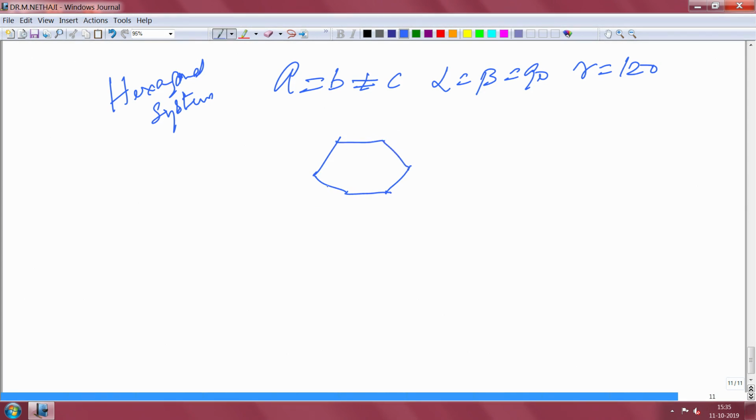Next again, this is your a and this is your a, or say b, and this is the angle 120, that is gamma. So this is now the a-b plane, or AB plane, which is perpendicular to the c axis.